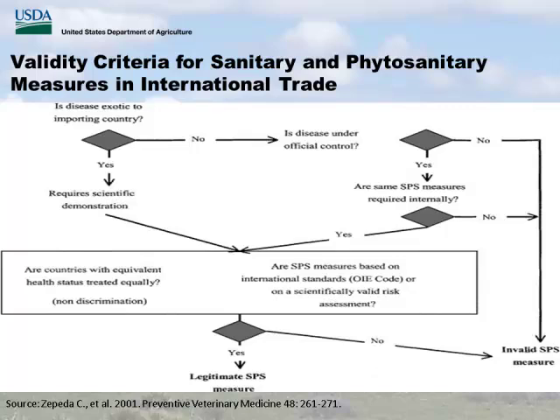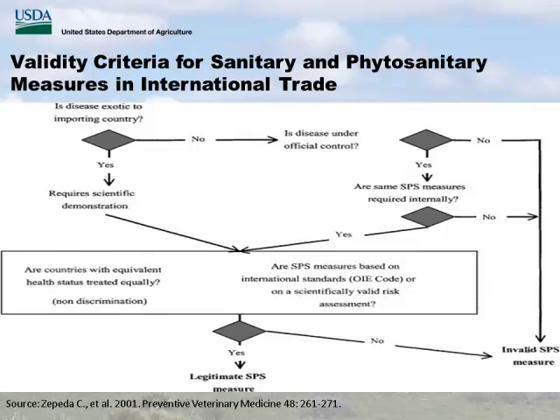This is just another chart from one of our colleagues, Cristobal Zepeda, showing when this can be put in place or when the SPS agreements are actually used. You can see if the disease is exotic to a country, they can go ahead and put in precautions.